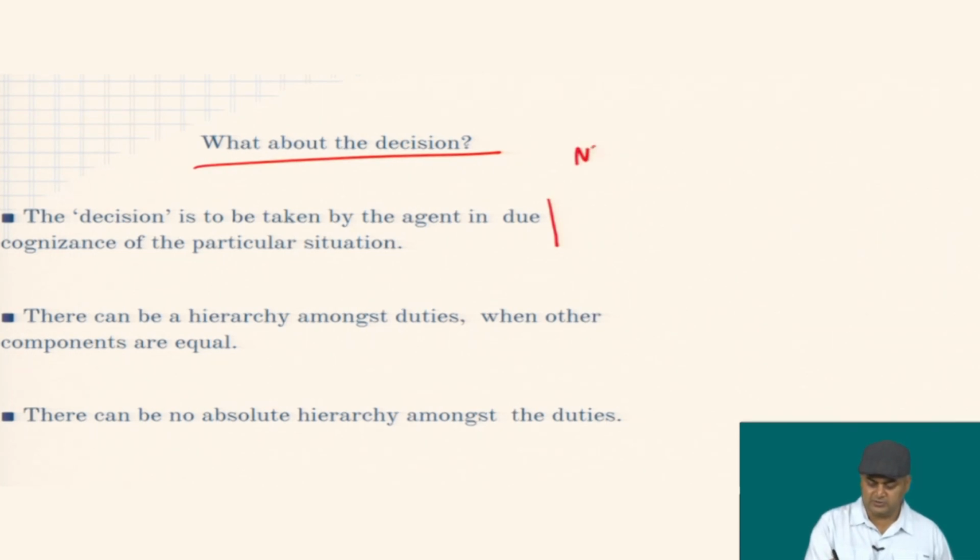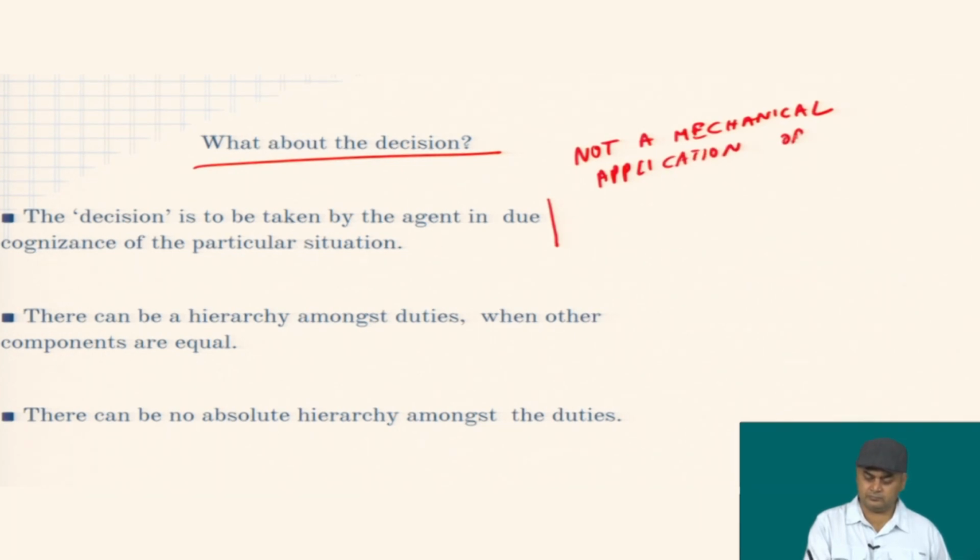So, the decision to be taken by the agent is in due cognizance of a particular situation. What does this mean?